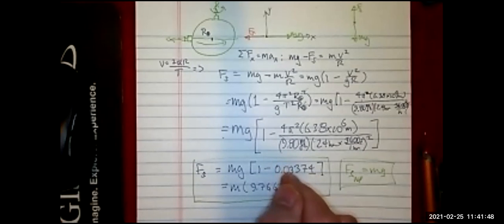Okay, so if I take 1.01 and subtract from it 0.03374 and then multiply that by 9.8, I'll get that. So in other words, this is about 1 minus 0.03, which is about 0.97726, something like that. So if I multiply 0.97726 times 9.8, I should get this.